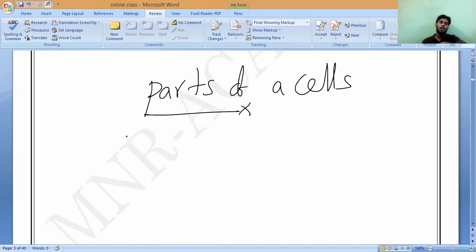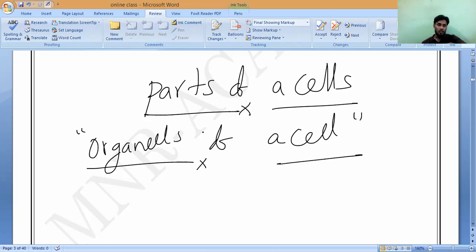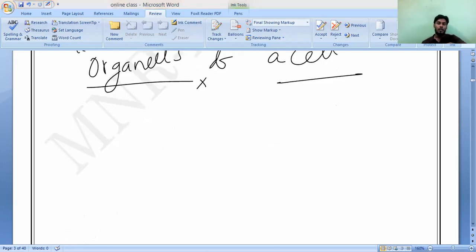Parts of a cell we can call by what name? The small structures are called organelles. Correct or not? Parts of a cell, or else you can say organelles, means the small structures of a cell. Do you all understand?